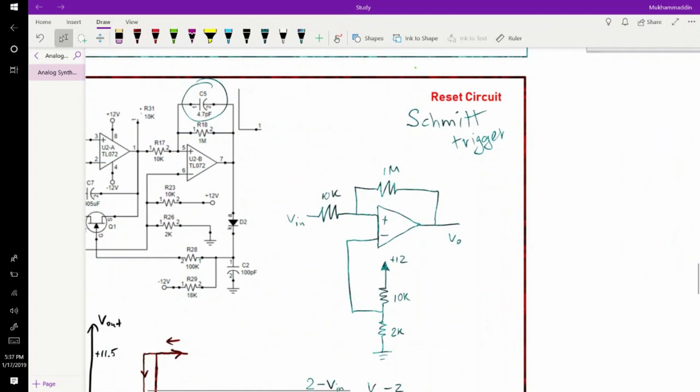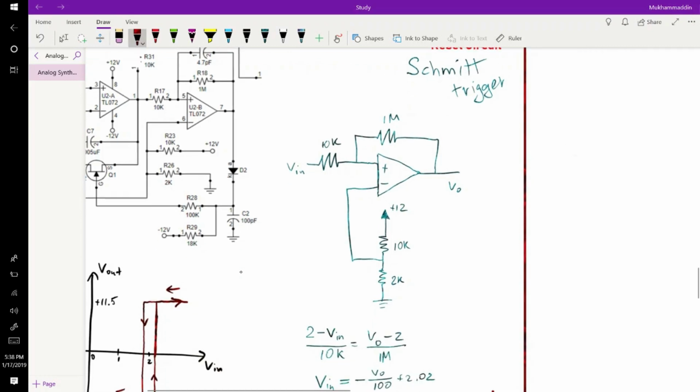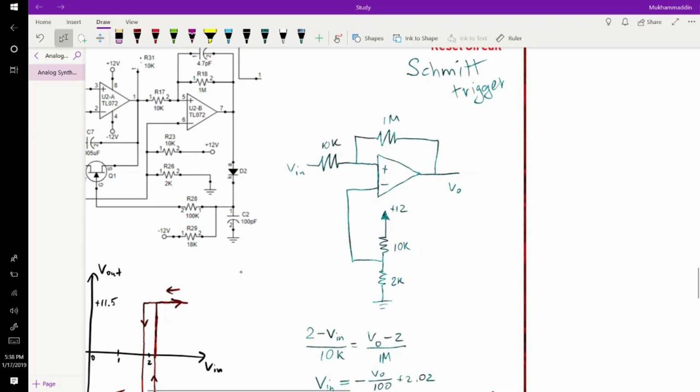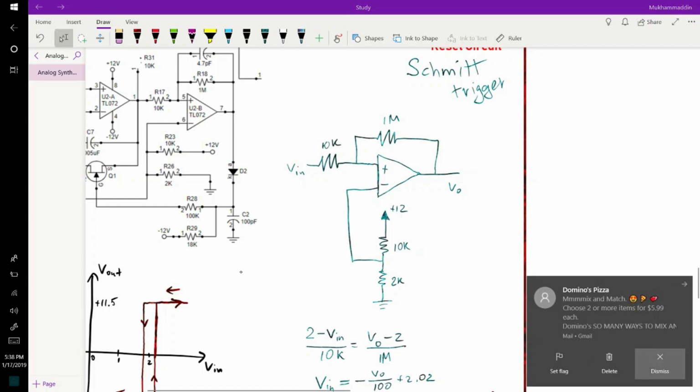It's to reduce EMI and probably has to do with the slew rate of this specific op amp. So we can safely ignore that for now and just analyze the Schmitt trigger.